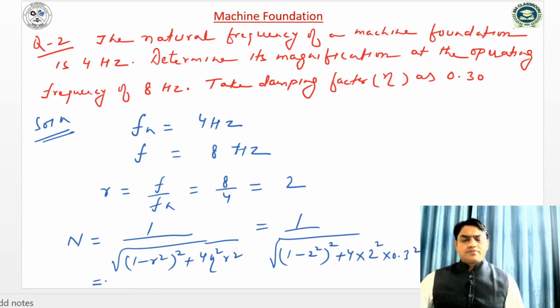So it will be 1 divided by square root of 9 plus 4 into 0.3 square. So it will be 0.309, which is the magnification factor.